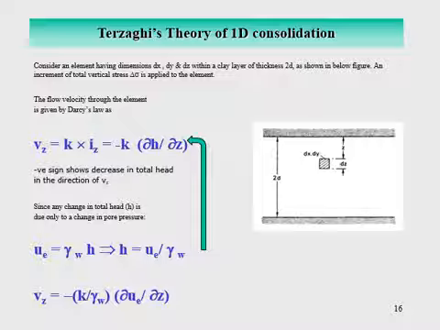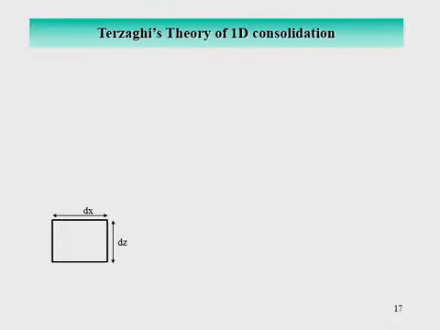So this was the use of Darcy's equation, and now we would use the continuity equation, the second one. You see, it is the same soil element that we discussed. The area is dx into dy. This is the velocity that enters into the soil element, v_z, and this is the velocity of pore water that goes out of the soil element.